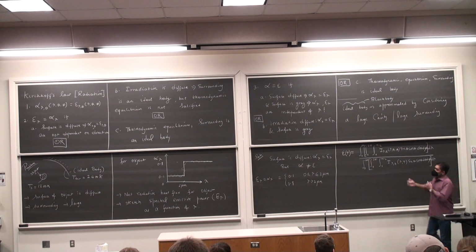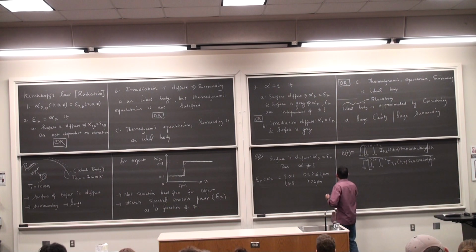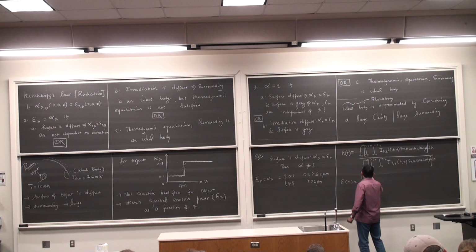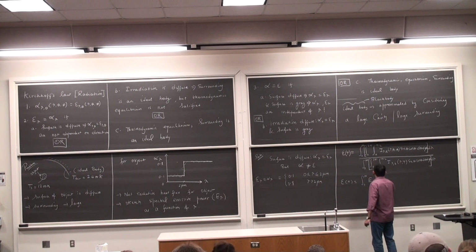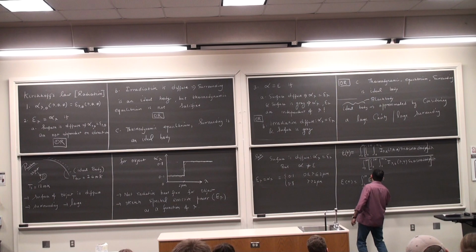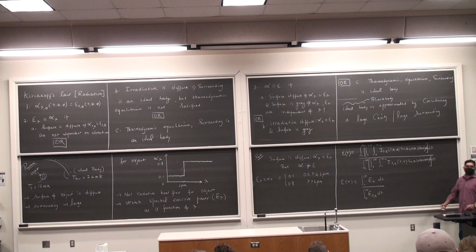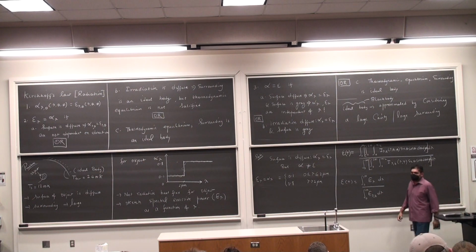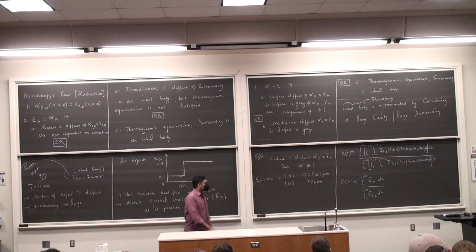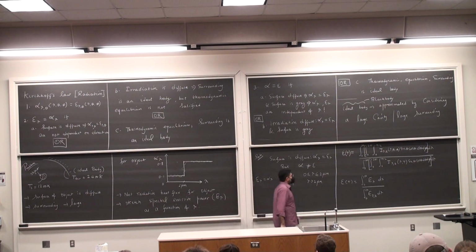So this I can rewrite as the integral from 0 to infinity of E lambda d lambda over the integral from 0 to infinity of E lambda comma b d lambda, both of them being functions of wavelength and also functions of temperature.